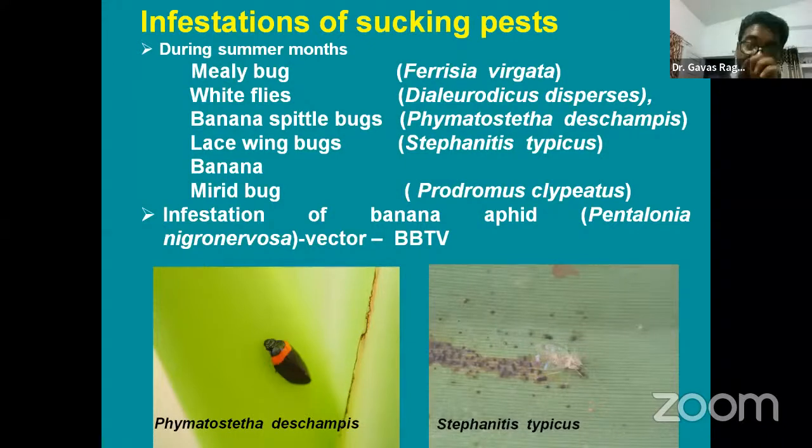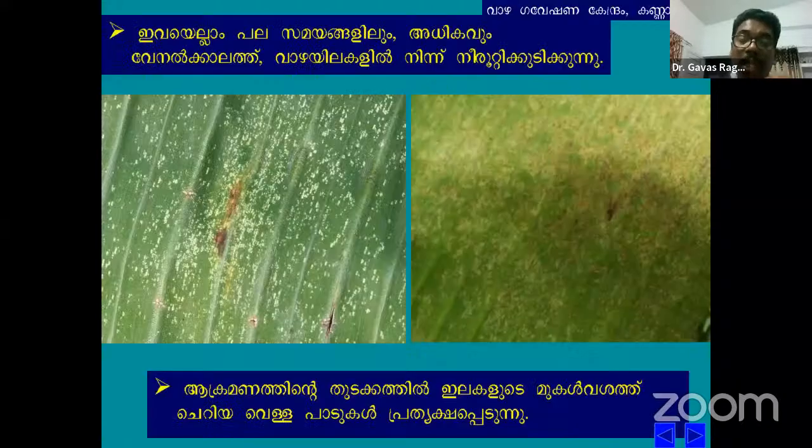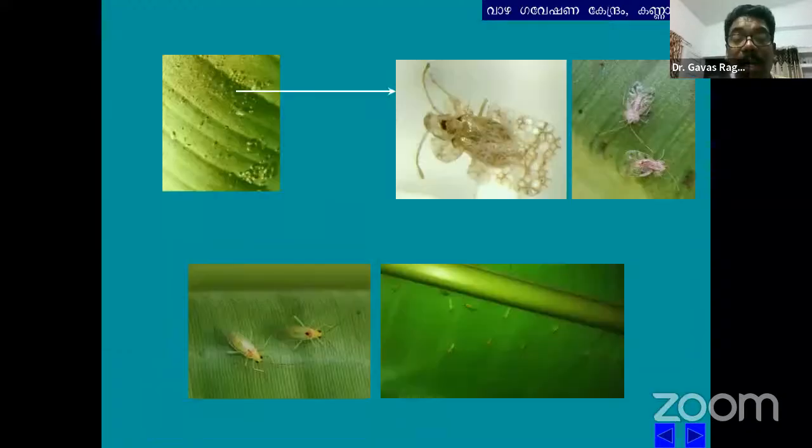Basically, you can identify whether sucking pests are present in the field like this: if you observe the leaf surface and find small white dots or pin-like structures on it, and if you look at the underside of the leaf, you see a group of pests sitting on the underside and sucking away the juice. So here, as I told you, this is a lacewing bug.